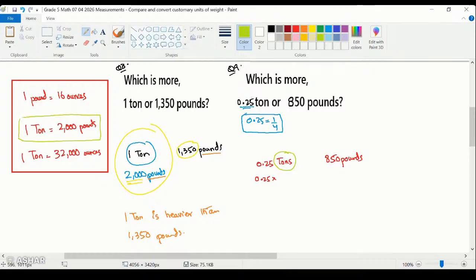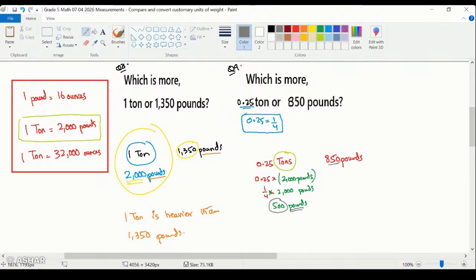There was 2,000 pounds. Agreed? So when we multiply, 1/4 is multiplied by 2,000 pounds. So this becomes 500 pounds. So one quantity is 500 pounds.